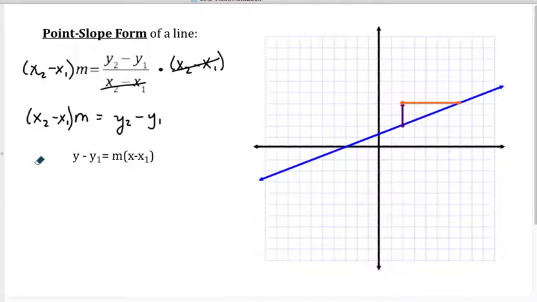But I want to generalize because I don't know where that second point is. In fact, I want to leave the opportunity to talk about any point on that line. So I'm going to generalize these cases by just eliminating that second point's specific nature, right? I'm not talking about a specific x2. I'm talking about any x and any y.